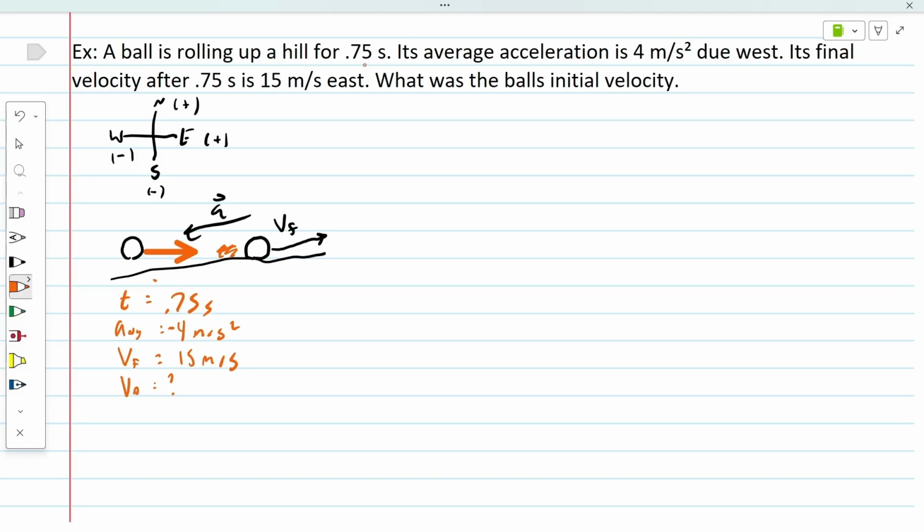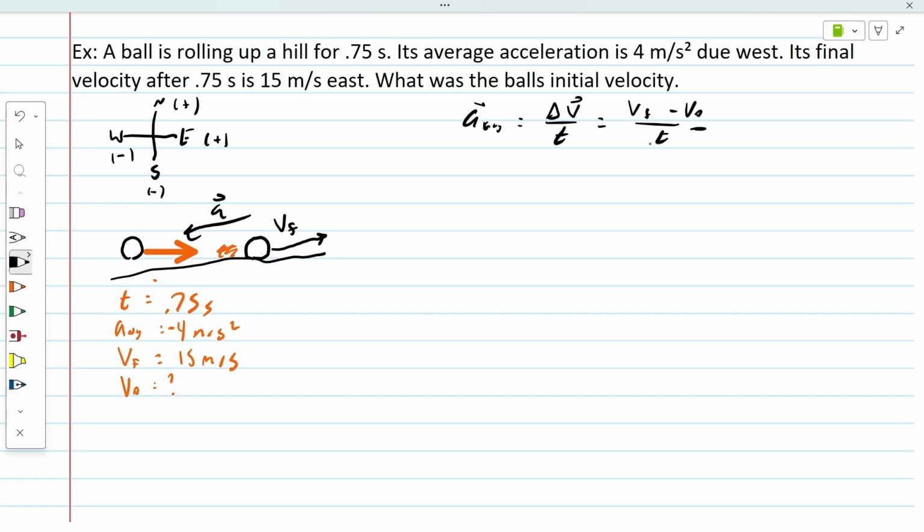Okay. So let's write out our equation. The average acceleration is equal to the change in velocity over time, which equals the velocity final minus the velocity initial over time. We have all the variables except for this one, which is what we're looking for. What I always recommend is to rearrange the equation first and then plug numbers in.